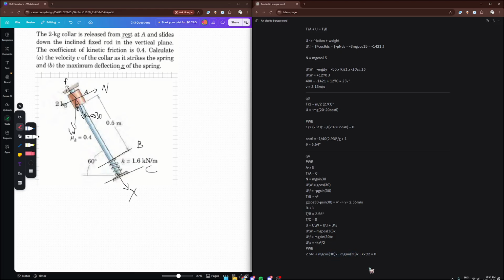K is 1.6, also constant, over 2 is 1.6 over 2. And then 2.56 squared also is a constant. So this is a quadratic. So I'm just going to quickly go 2 times 9.81 cos 30 minus sine 30. Oh, where did I forget mu? I don't know where that went for the friction.